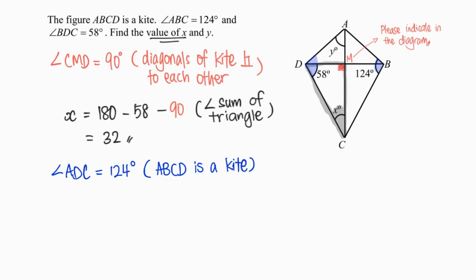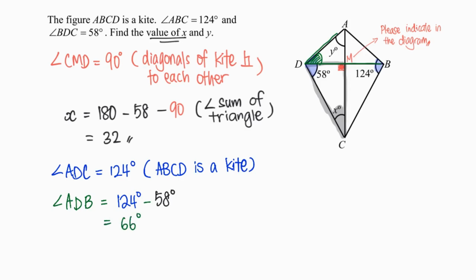Then I will be able to get my ADB. Angle ADB is 124 minus away the 58 down there to give me 66 degrees.